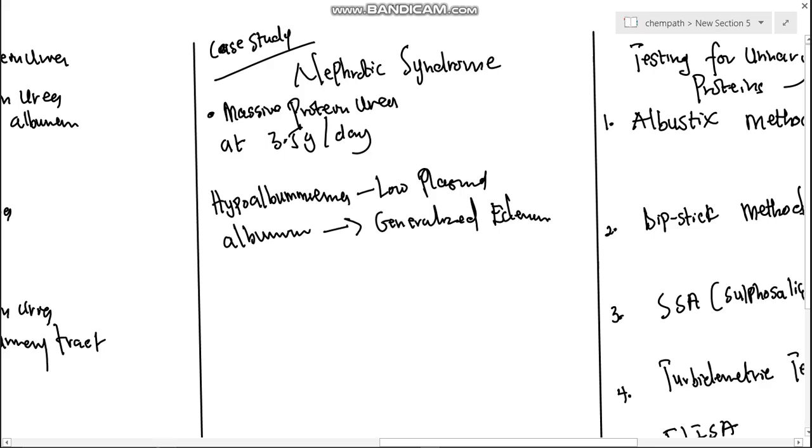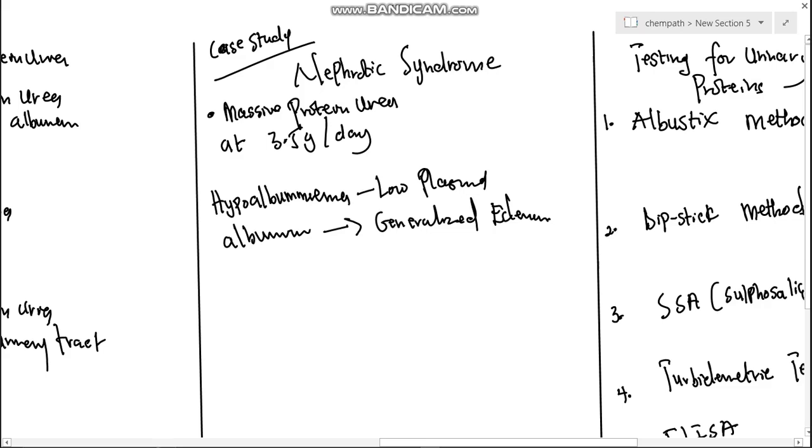This is what nephrotic syndrome is about. When you realize that there is a massive protein release, and then we measure low plasma albumin, with a physical manifestation of generalized edema, then we can say that the person is suffering from nephrotic syndrome.